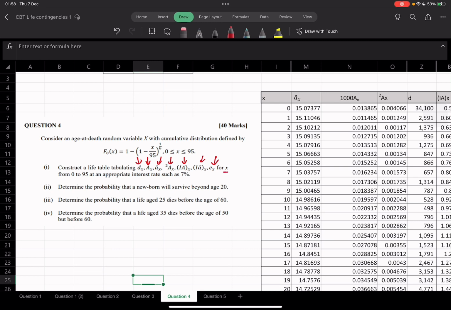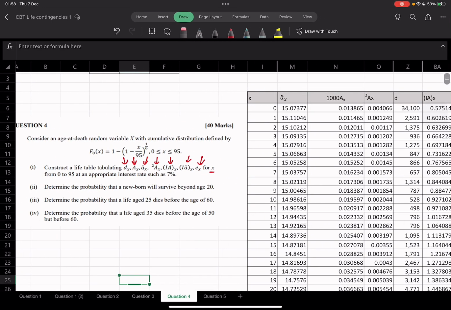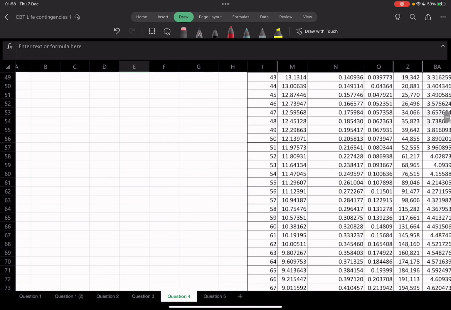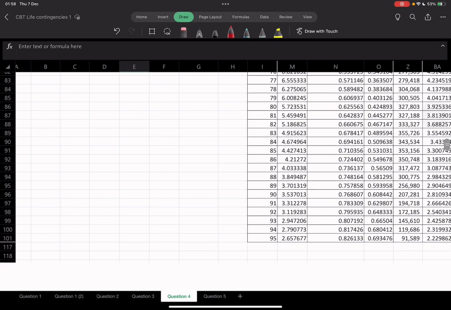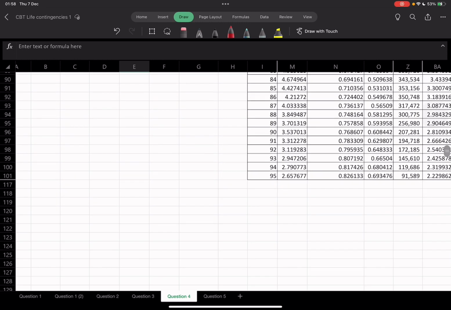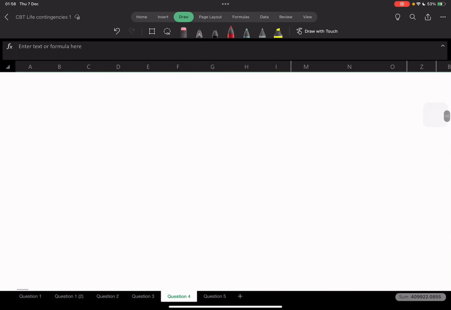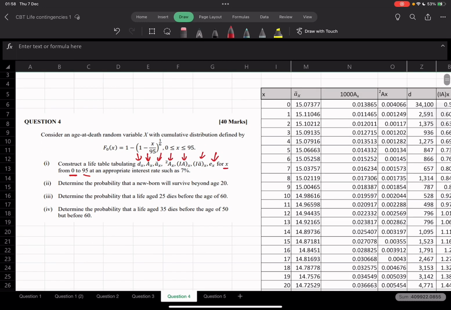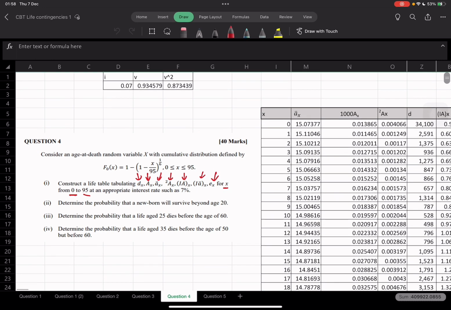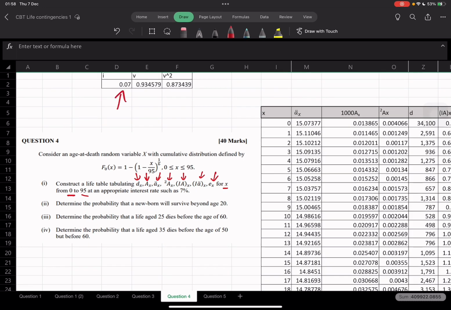We can just simply duplicate question 1 to question 4 and then hide some unnecessary information from X0 to 95. We can hide the age beyond 95 with the Excel hide function, and then change the interest rate into 0.07.